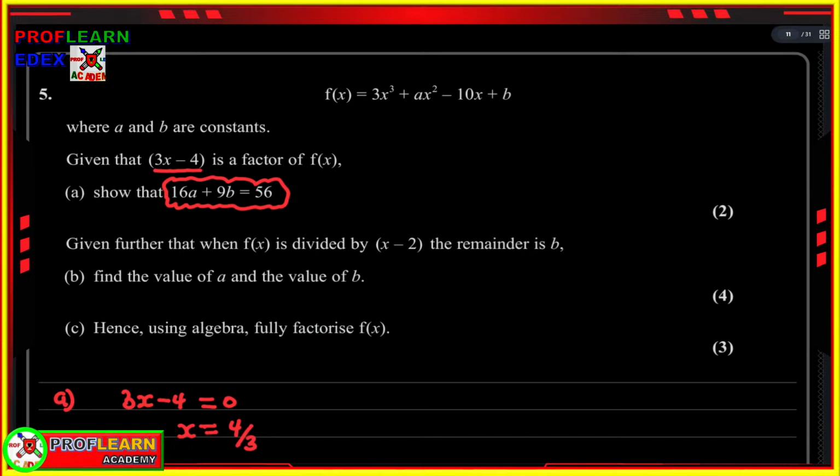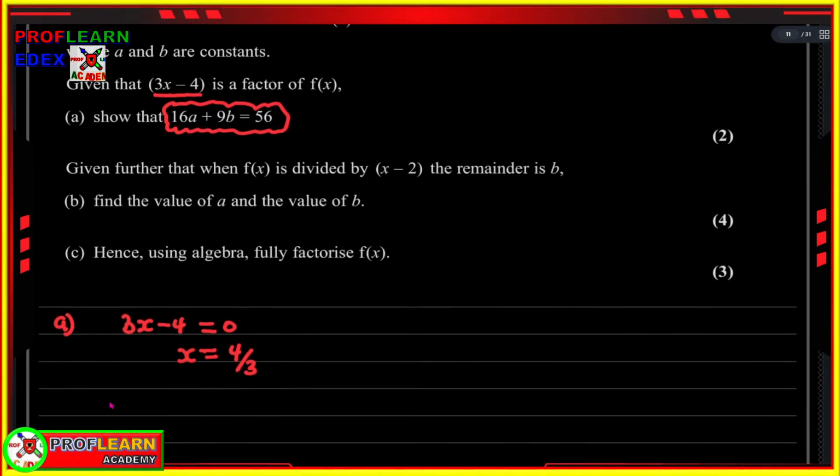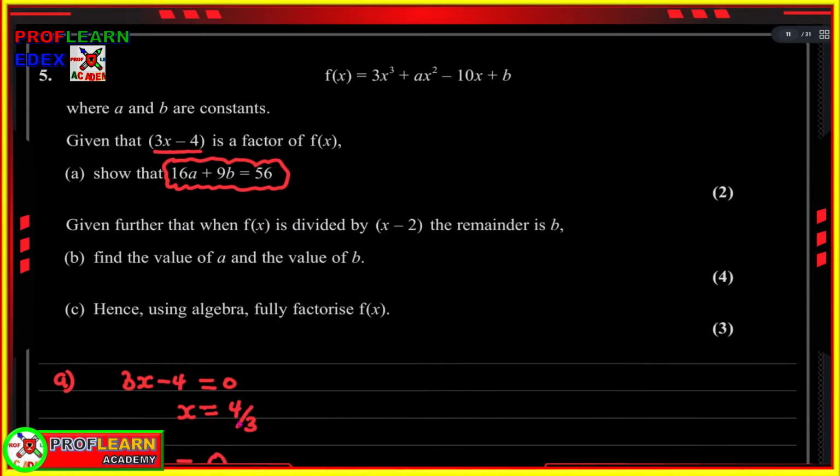Now we are going to find f of 4 over 3, and that f of 4 over 3 should be equal to 0 because this is a factor. But something that we need to remember is that f of x was given as 3x cubed.